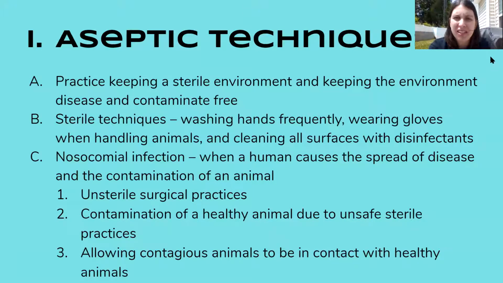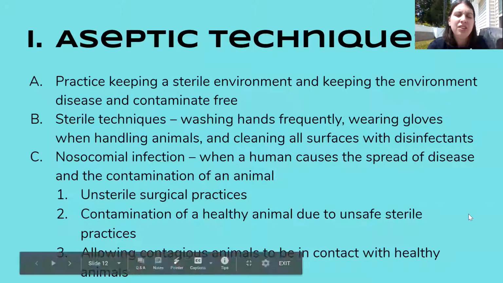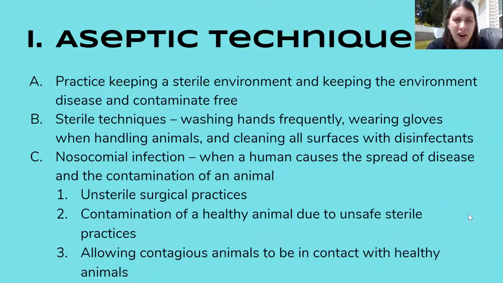So aseptic techniques are done to keep a sterile environment, disease-free and contaminant-free. Typically, it's going to be done for surgeries. In the surgery room, it's really important that you have a clean, sterile, aseptic workplace.